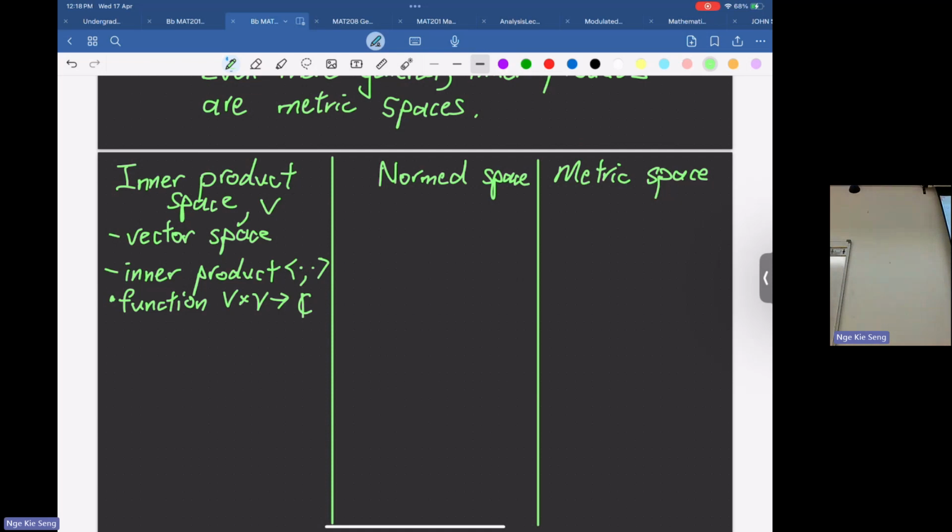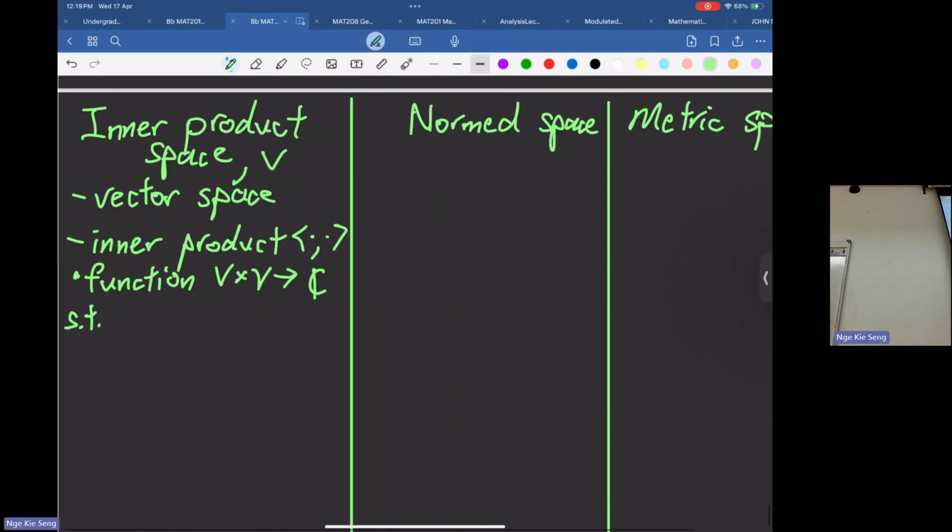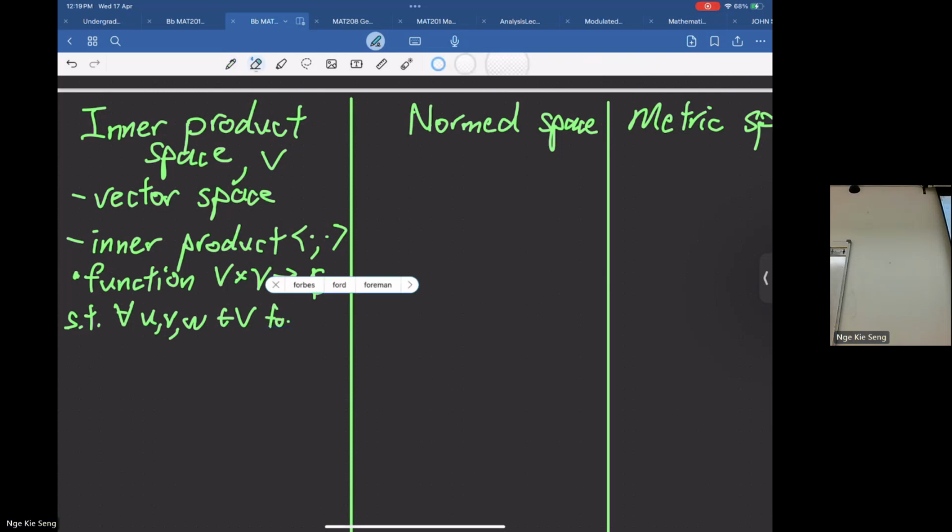There are similar properties that need to be satisfied by this inner product, such that for all u, v, w in V, and for all scalars c in this case.